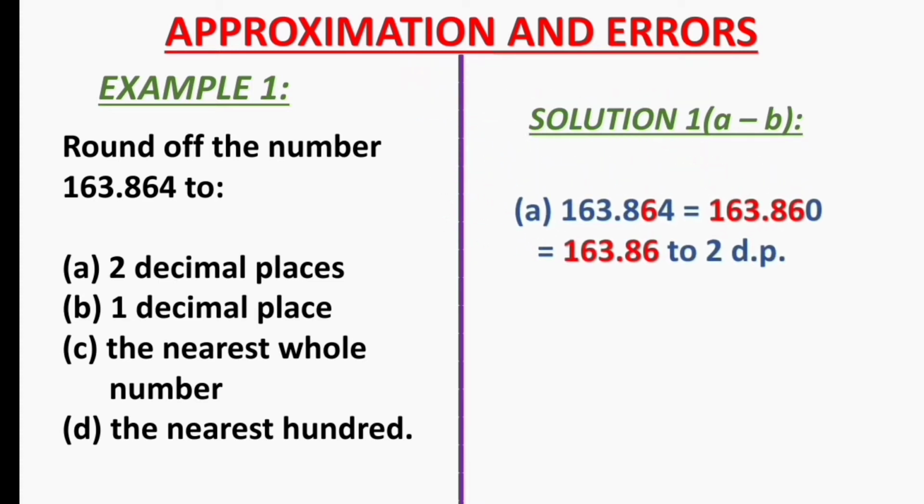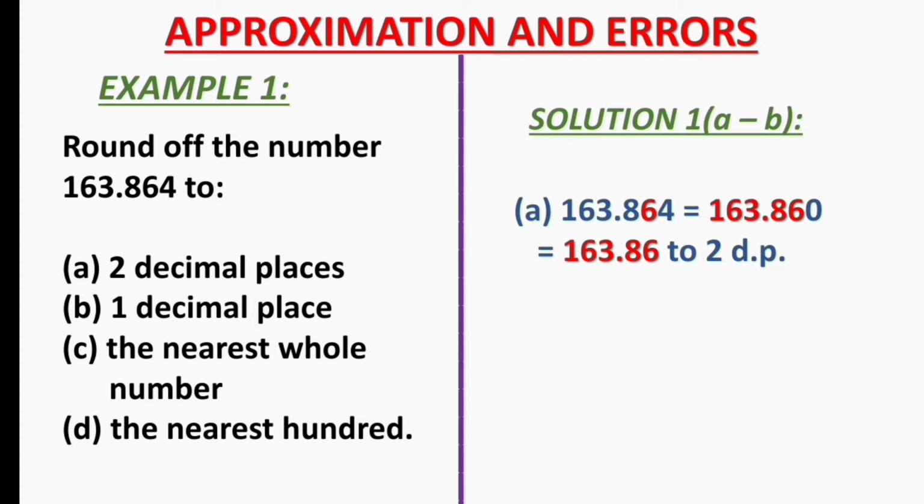In question 1A, we are to approximate the number to 2 decimal places. Don't forget, we count the decimal places from the decimal point. So the second digit after the decimal point is the digit 6. The next digit to the right of 6 is 4. That is a round down digit. Round the 4 down to 0 and add 0 to 6.